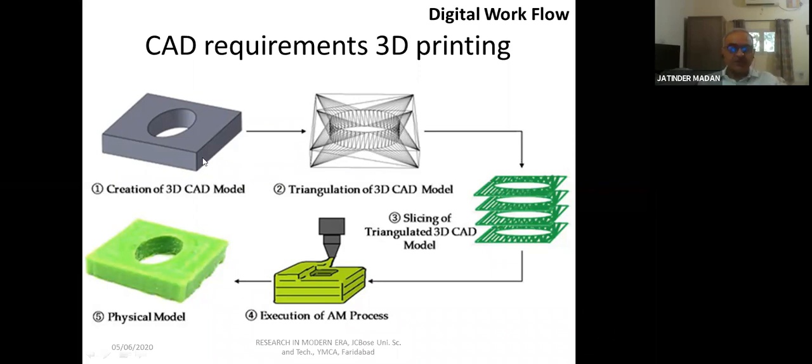As you can see, this front face is divided into two triangles, one triangle this one, and another one is this one. Similarly, the back face is also divided into two triangles, but I am just talking of two triangles. It may be multiple triangles when you make this triangulation.